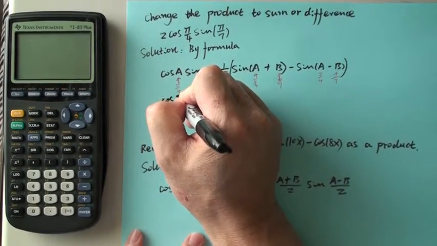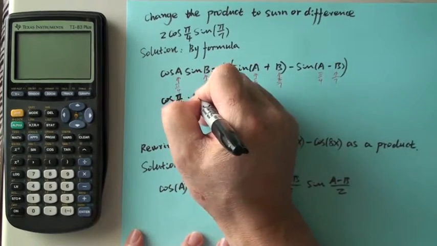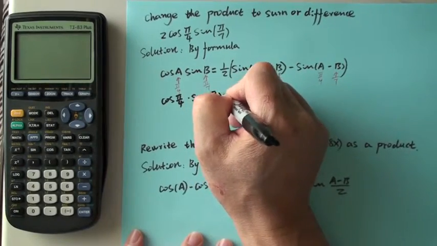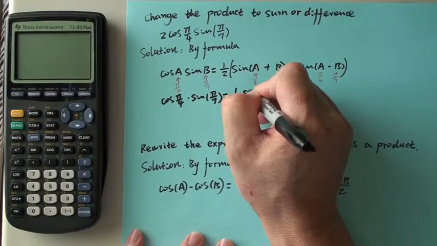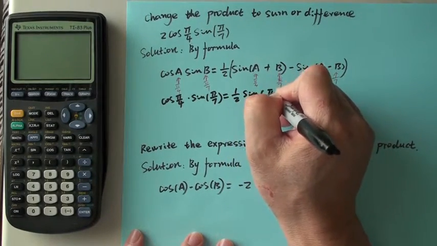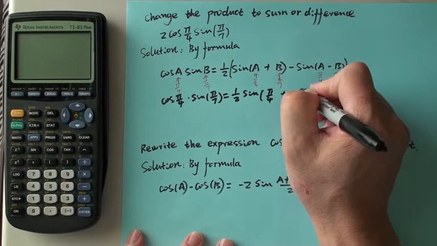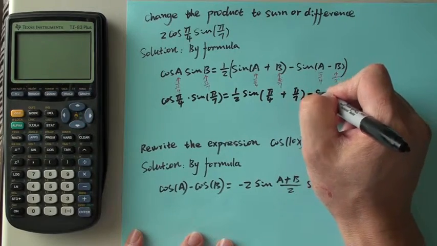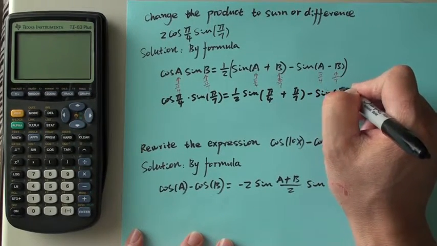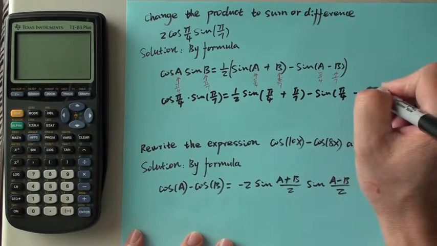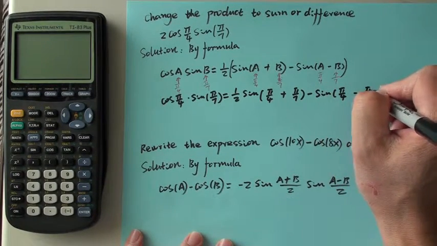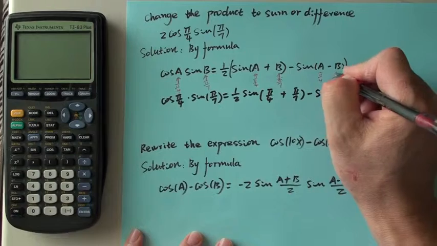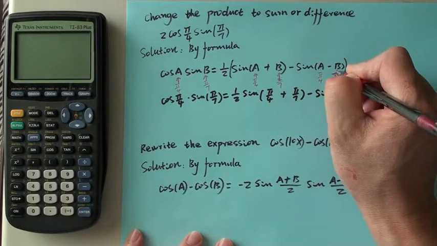Cosine pi over 4 times sine pi over 7 equals 1/2 times sine of pi over 4 plus pi over 7, minus sine of pi over 4 minus pi over 7.